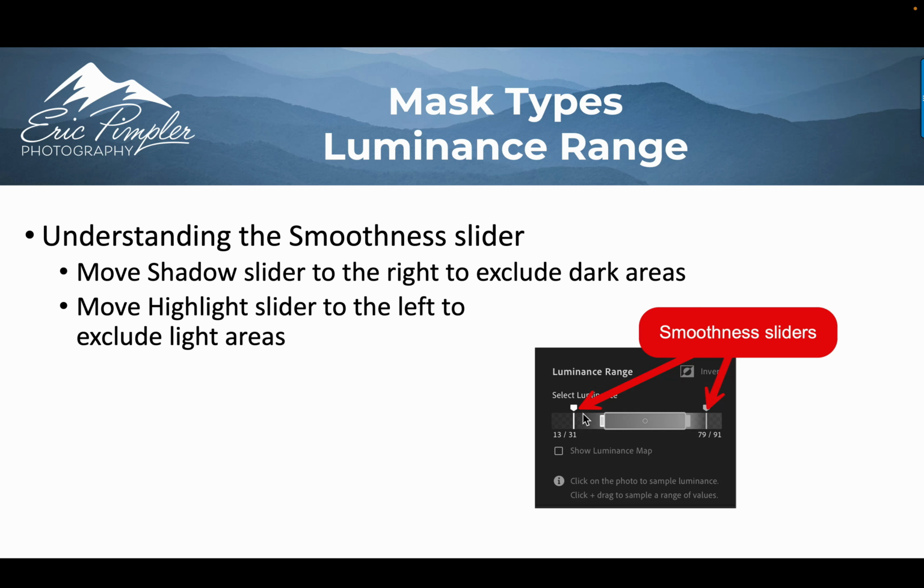Right? So those smoothness sliders, you really don't see them until you move either the shadow or the highlight slider, and then you see them. At that point, they can be moved using your mouse or your trackpad left or right as well. But the whole idea here is you're introducing a feathering approach so that you can control how gradual or how subtle that mask ultimately is that gets created.